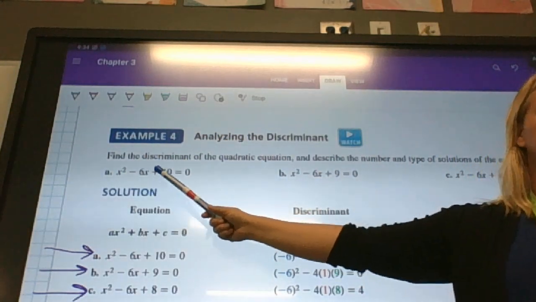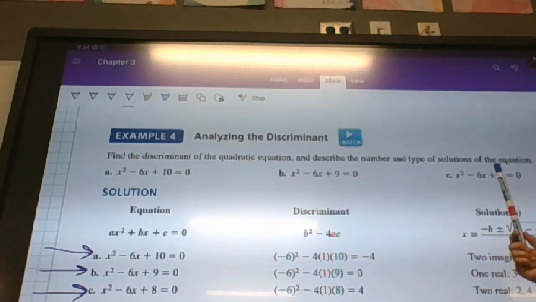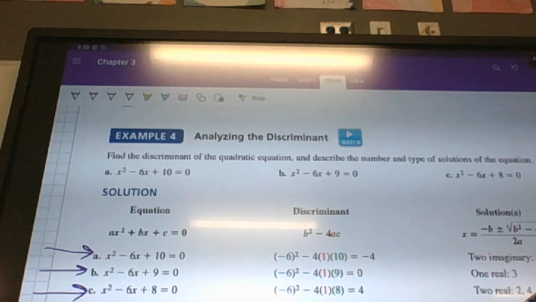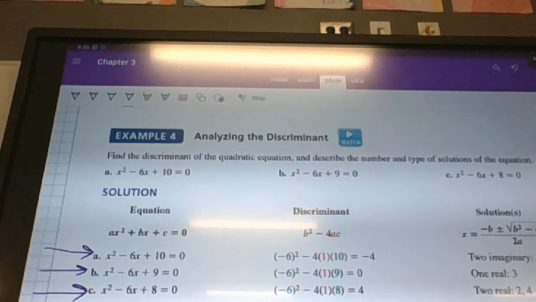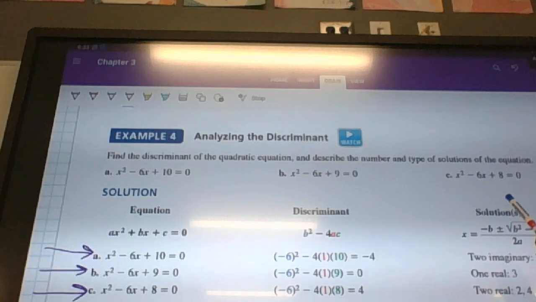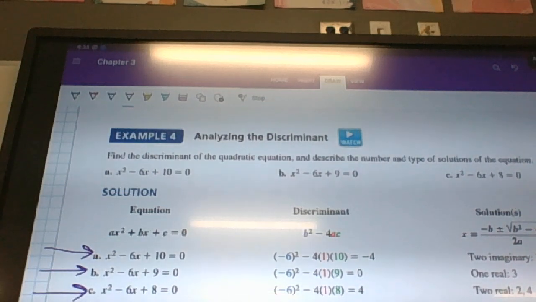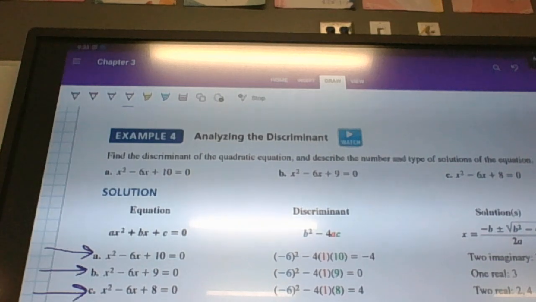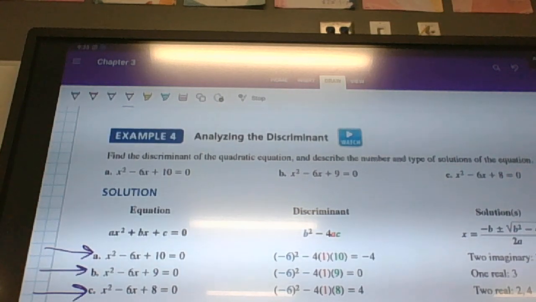B is -6, B is -6, B is -6. What's changing? The C value. C is 10, C is 9, and C is 8. Now they did the discriminant for each of these, and the only number that's changing is this 8, 9, 10.